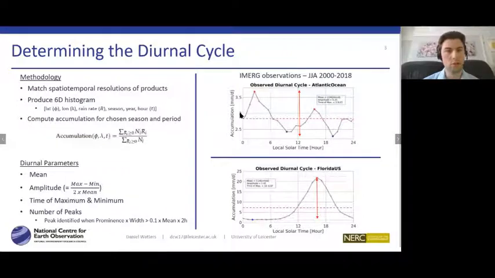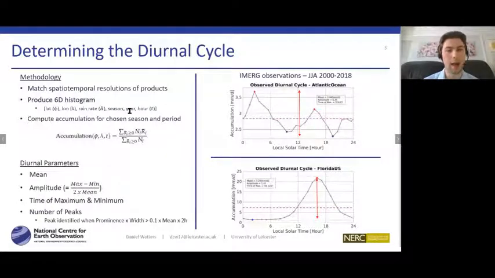So the methodology for using these two products, which provide multi-decades of precipitation, is that we take the 20 years of observations and the 30 years of the model, and we match the spatiotemporal resolution of them before binning the precipitation estimates into histograms based on latitude, longitude, rain rate, season, year, and hour.